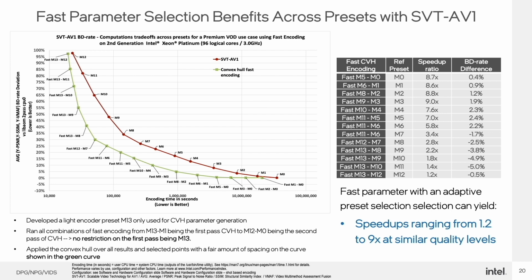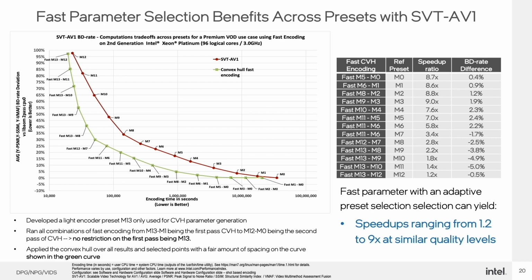We ran all of the combinations of fast preset and target quality presets for all of the presets that we have in SVT-AV1. Then we show here on the graph that the red curve is the initial traditional way of using one preset per encoding, and the green curve is the convex hull of all of the combinations across all of the presets using a fast preset, then a slower, higher quality preset.